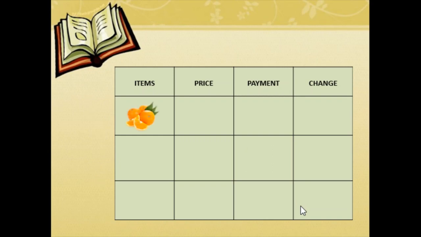Of course, we talk about change, the change that we get when we buy something. Item is the name of the product that we buy. The price is how much it costs.